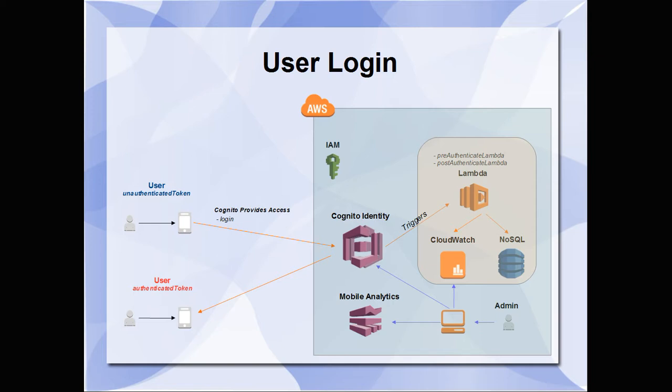Gee, I wonder why they're not logging in. I wonder why they're not registering. Let's broadcast out some messages and try to influence them to do so. So there's a lot going on on the server side to help facilitate the success of the mobile application.